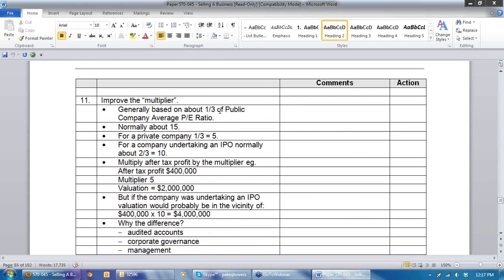But if you were doing an initial public offer, you'd be trying to get around 9, 10, 11 times the after-tax profit. So what improvements and changes need to be made to the business so that an arm's length, independent but not anxious purchaser might be able to pay, say, 7, 8, 9 times after-tax profit because the systems are in place. The business looks like it would be good enough to do an IPO.